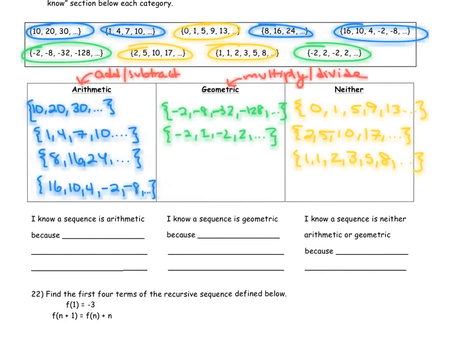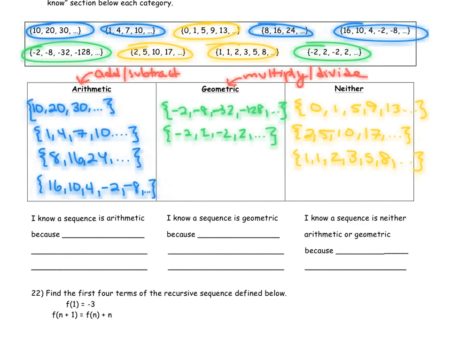All right, so we know that a sequence is arithmetic because there exists a common difference. And remember, when we use that in our function equation, we use that variable d. All right, so I'll just highlight that here.